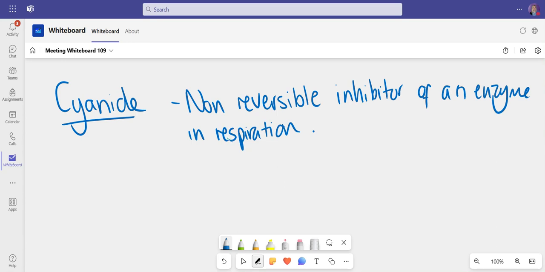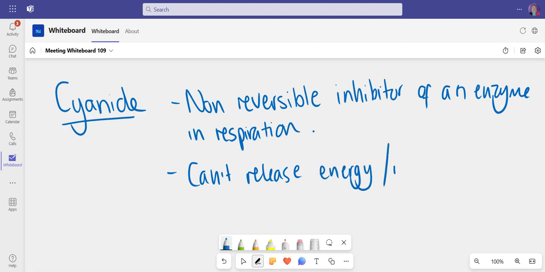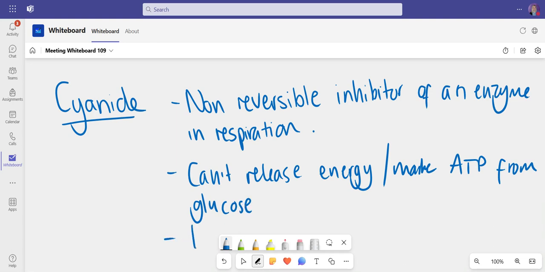So if it stops respiration from happening, then we can't release energy and make ATP from the glucose. You should always say release energy and make ATP. And ultimately that can kill cells. If cells don't respire, they die. Okay, so it will kill cells and it could actually be fatal for the person. It is actually poisonous. Okay, so cyanide is a really, really famous example of an inhibitor.